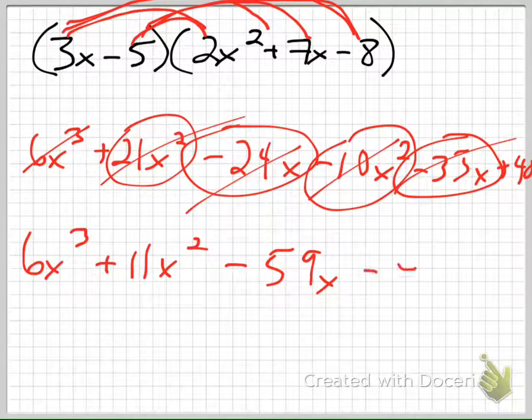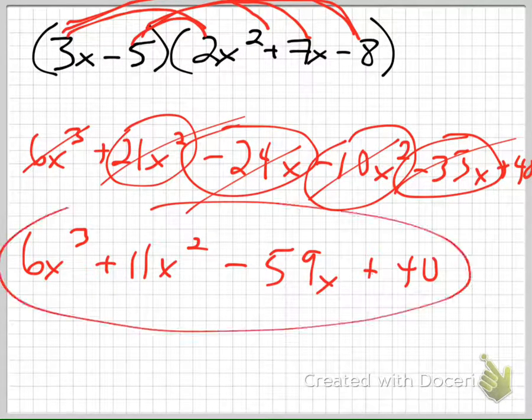And then plus 40. Did anybody get that? 6x to the third plus 11x squared minus 59x plus 40. Does it make sense? I can't make you be meticulous, but you need to be.